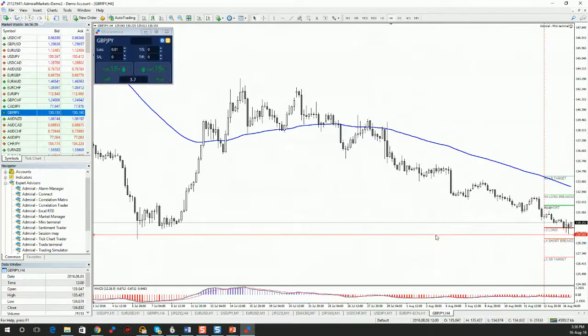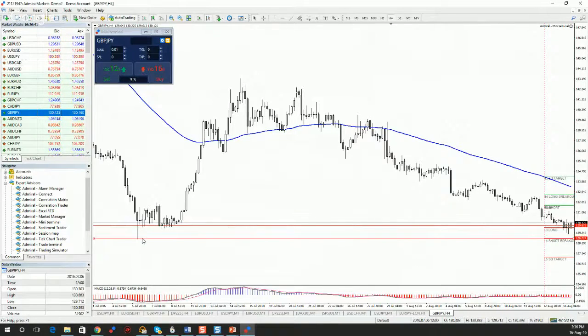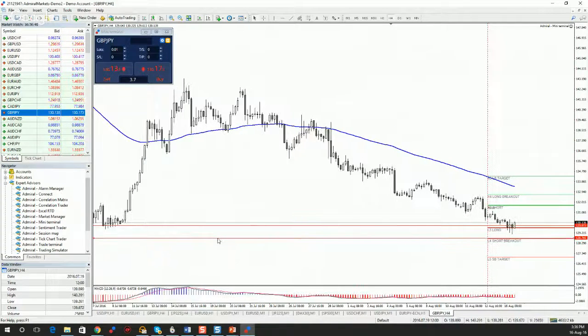Now we can assume that buyers were actually aligned at these points, because this is the low of the body of this candle. This is actually the low of this candle's wick. So this is actually the zone for buying.